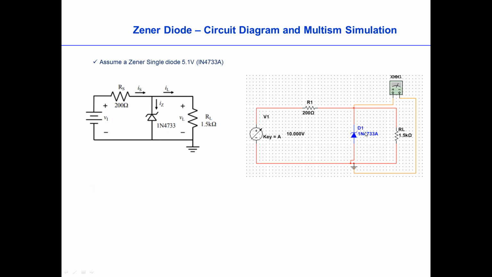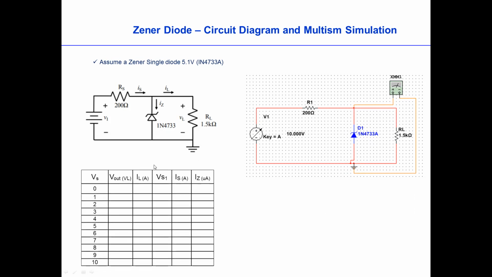This is a template table to record the output voltage across the Zener diode, the load current across RL, the source voltage, the source current across this resistor, and IZ, the Zener current. You could measure or calculate these.